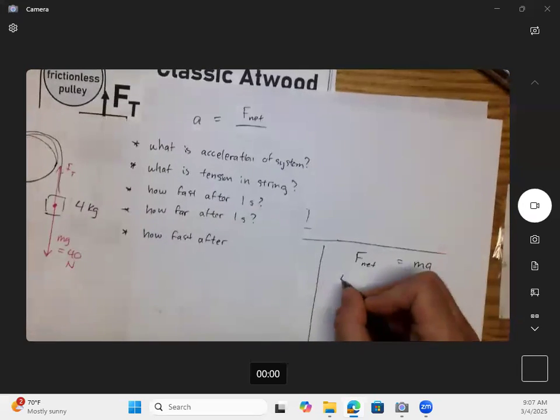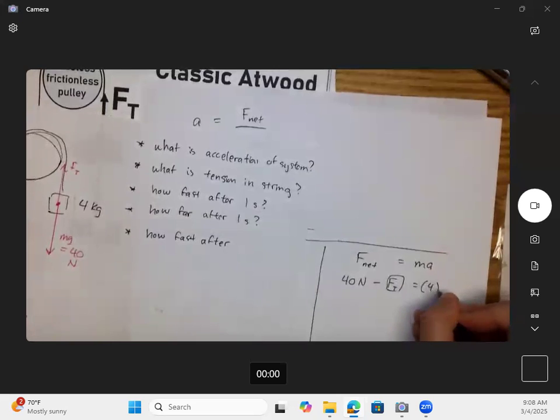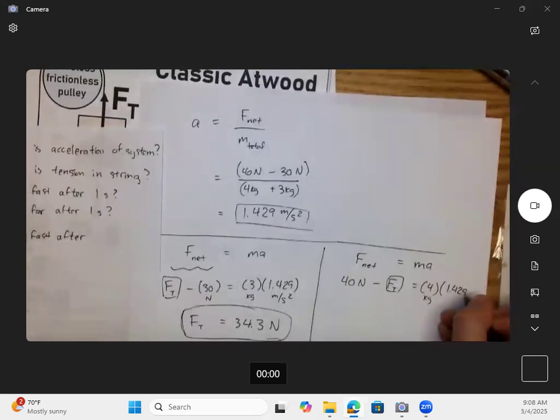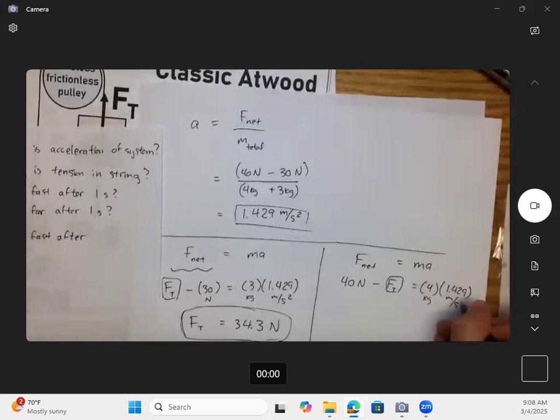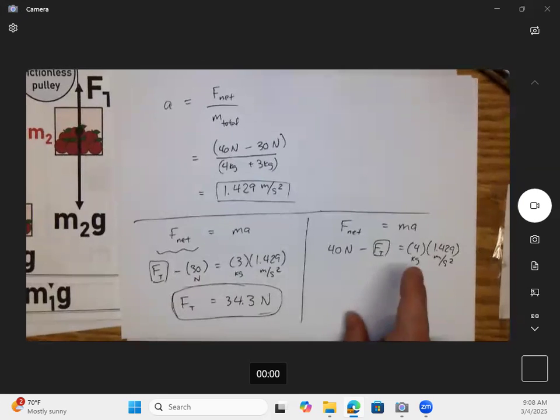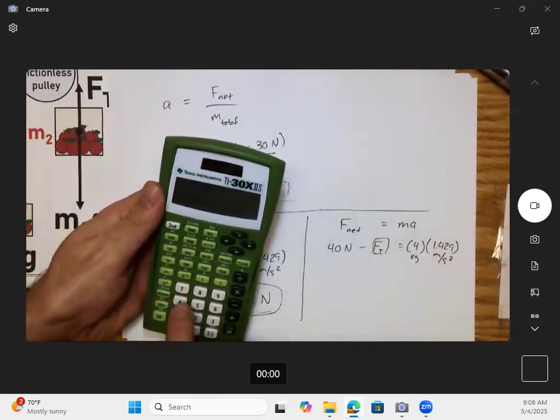So 40 newtons minus the tension force results in a 4 kilogram block accelerating at, again, 1.429 meters per second squared. So little algebra shuffle later, ends up 40 minus 4 times 1.429.